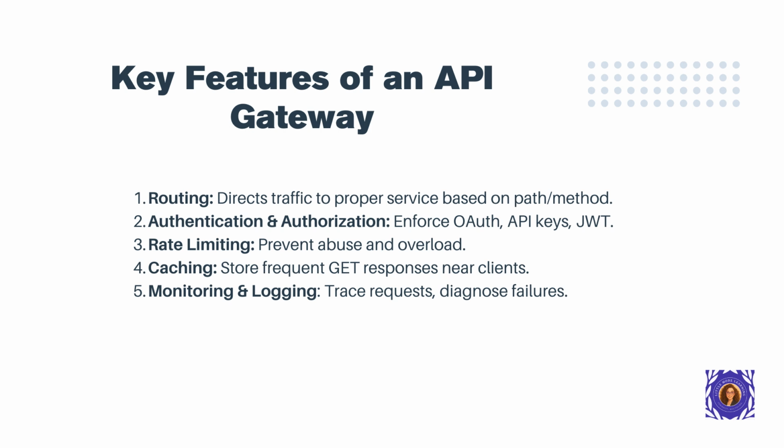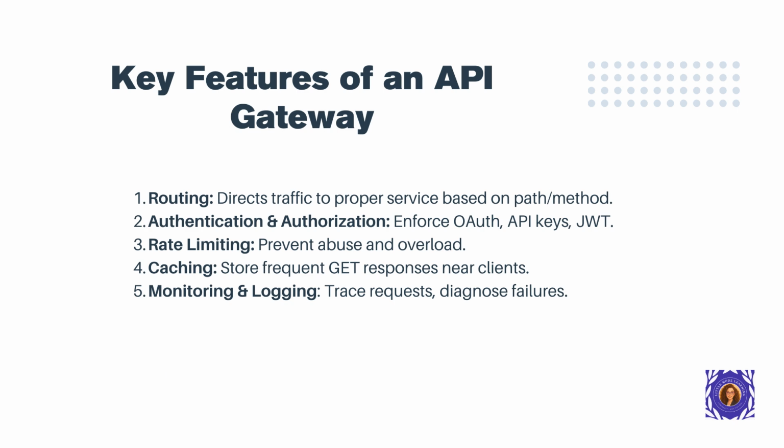Rate limiting prevents abuse and protects your services from being overwhelmed. Caching stores frequent responses close to clients for improved performance. And comprehensive monitoring and logging help you trace requests and diagnose failures. These features combine to create a robust control layer for your microservices ecosystem, giving you visibility and control over your entire API landscape.